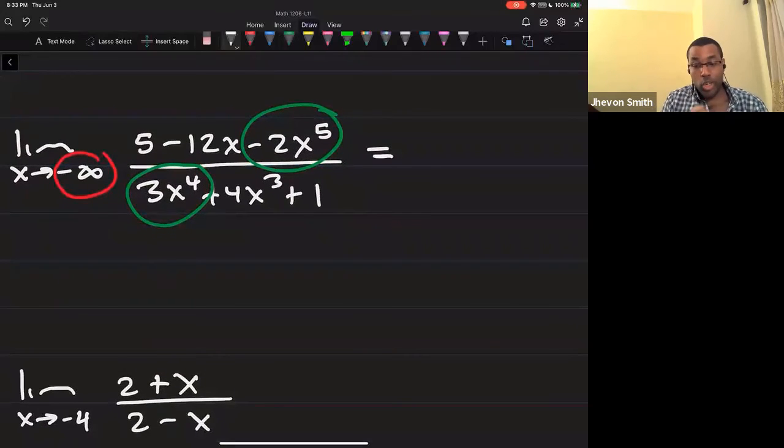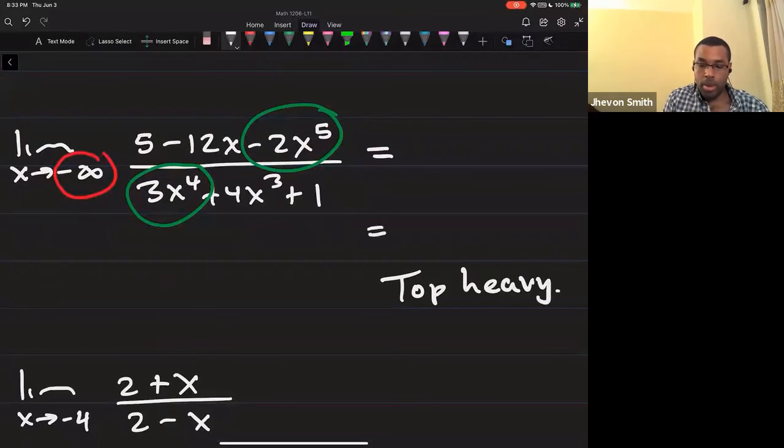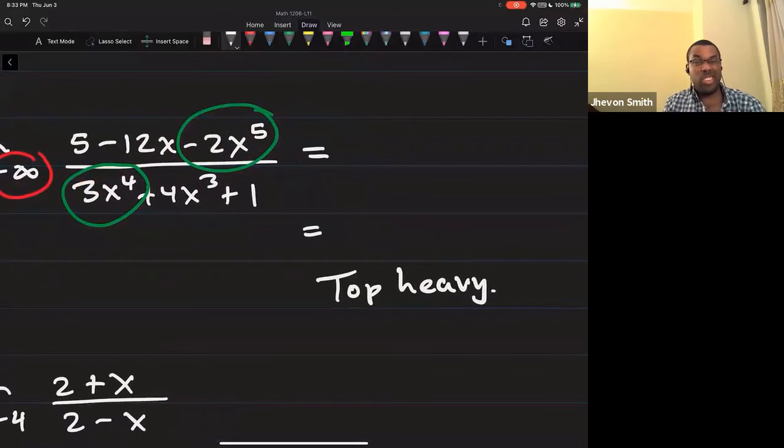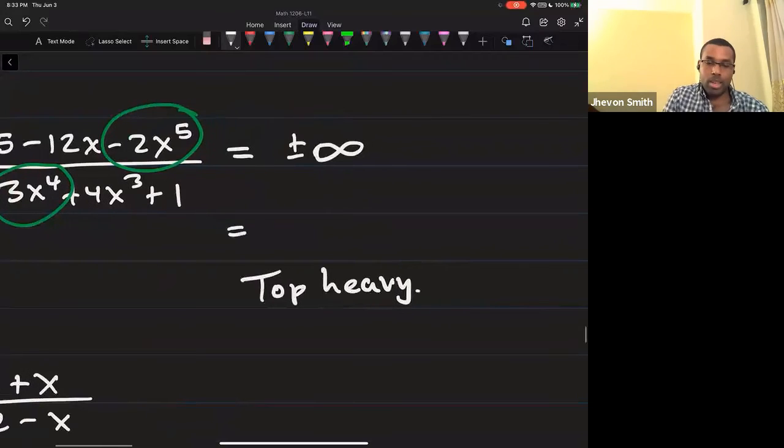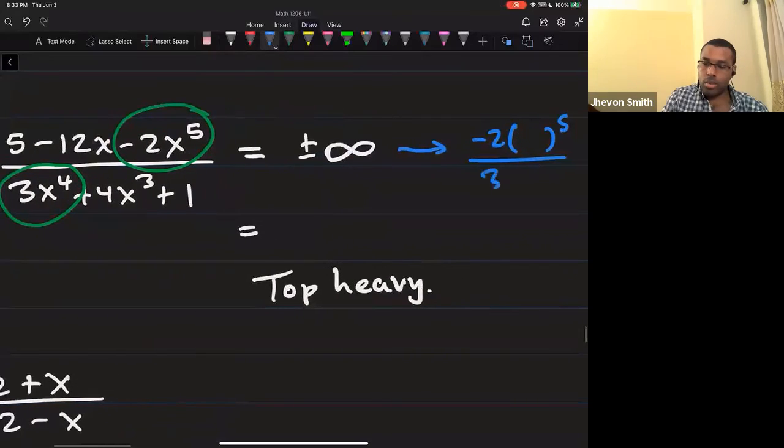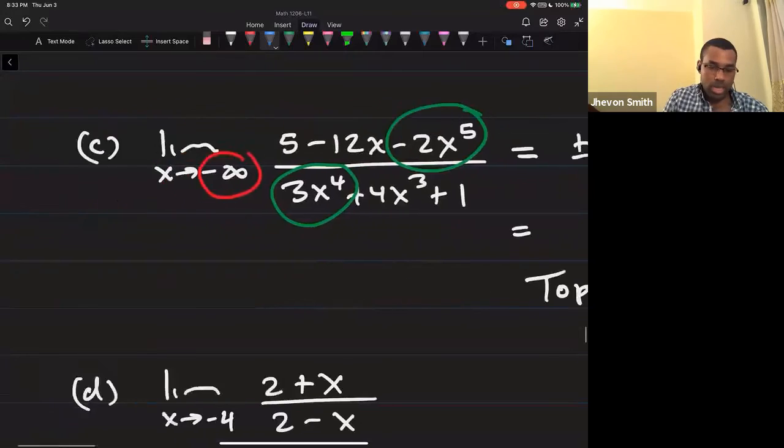Me showing my work is pretty much me writing down the phrase top heavy. Top heavy means it's going to be an infinite answer. I just need to figure out what sign. So I know it's going to be plus or minus infinity. Then I go to the signs. This is a -2 times something to the 5th over a 3 times something to the 4th. What is that thing?